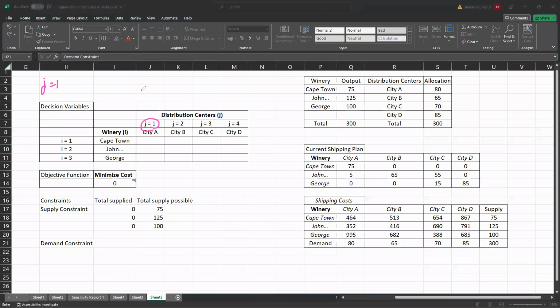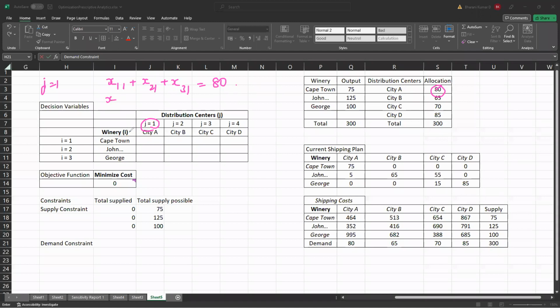For j equal to 1, x11 plus x21 plus x31. From here to here, from here to here, and here to here should be equivalent to exactly 80. It cannot be more than that. Demand for that center city is 80 only.